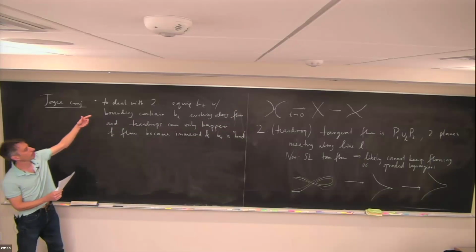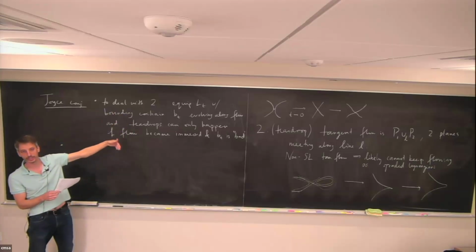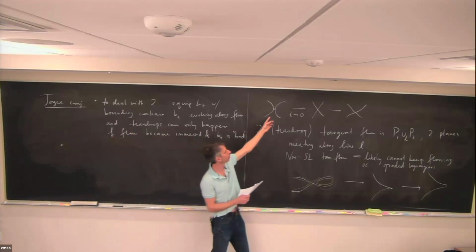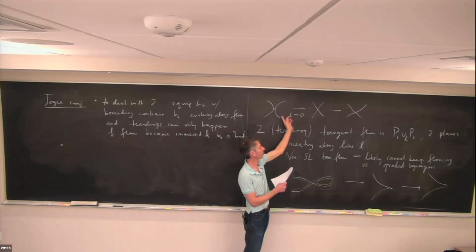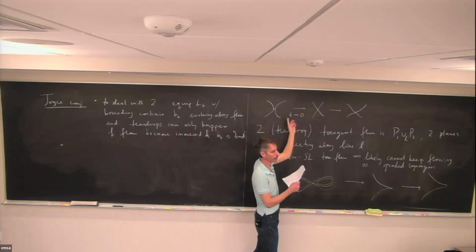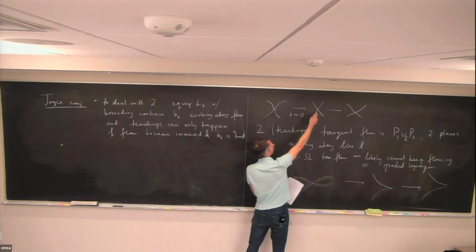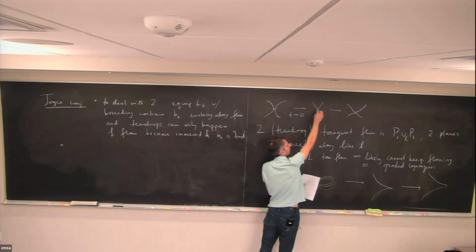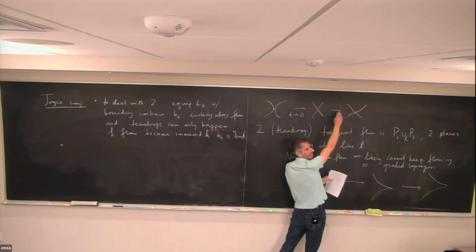Because he made this suggestion that you have this extra data that you need to keep tracking, we better make sure that this extra data behaves well along the neck pinch that we like a lot. Geometrically, this is very nice. But now the flow could become immersed at this point, so you need to put this bounding cochain at that point, and that bounding cochain cannot become bad instantaneously.